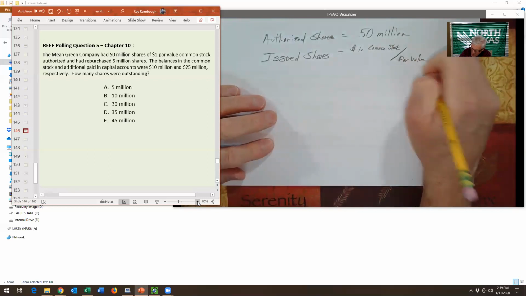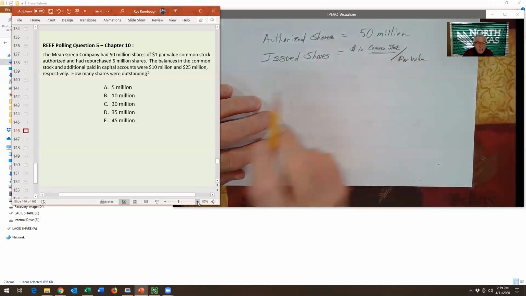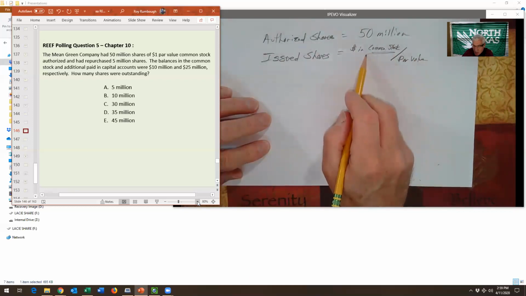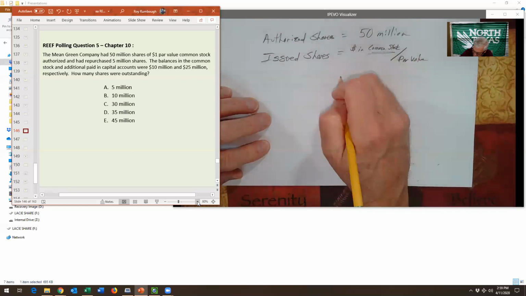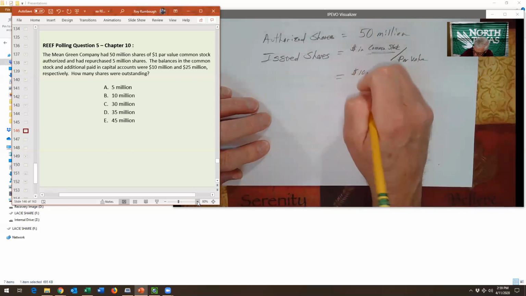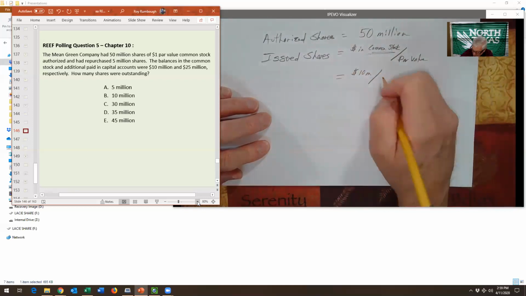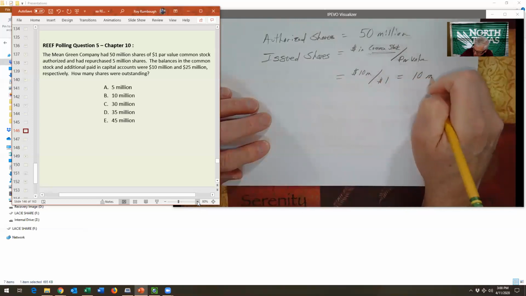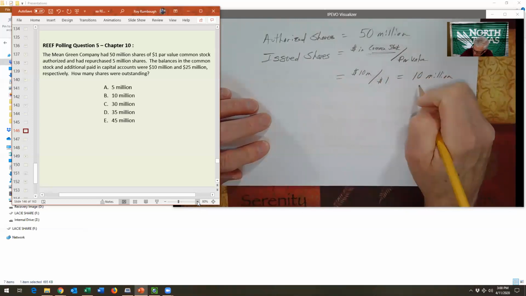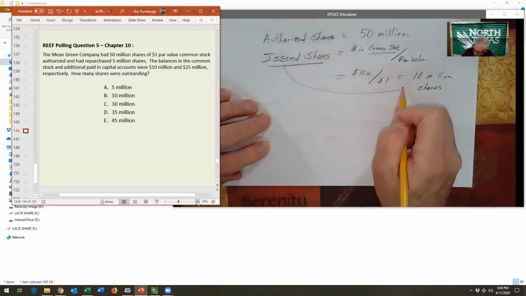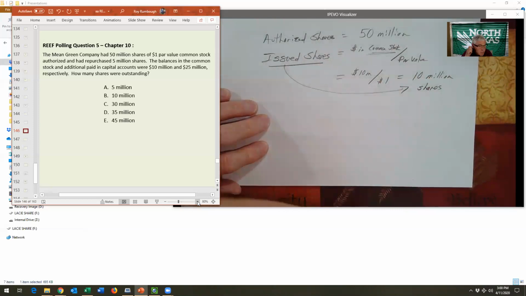Because the only thing we put in the common stock account is the shares times the par value. So if we want to know how many shares we have, simple algebra, dollars in common stock divided by the par value. So we have $10 million divided by par value of $1. So I've got 10 million shares. So issued shares equals 10 million.